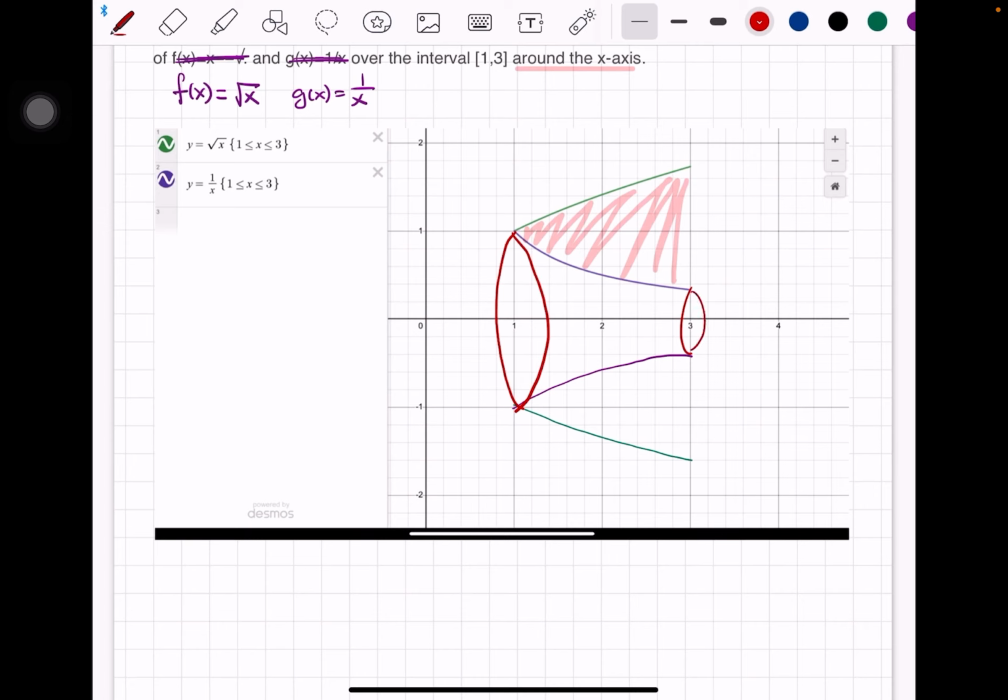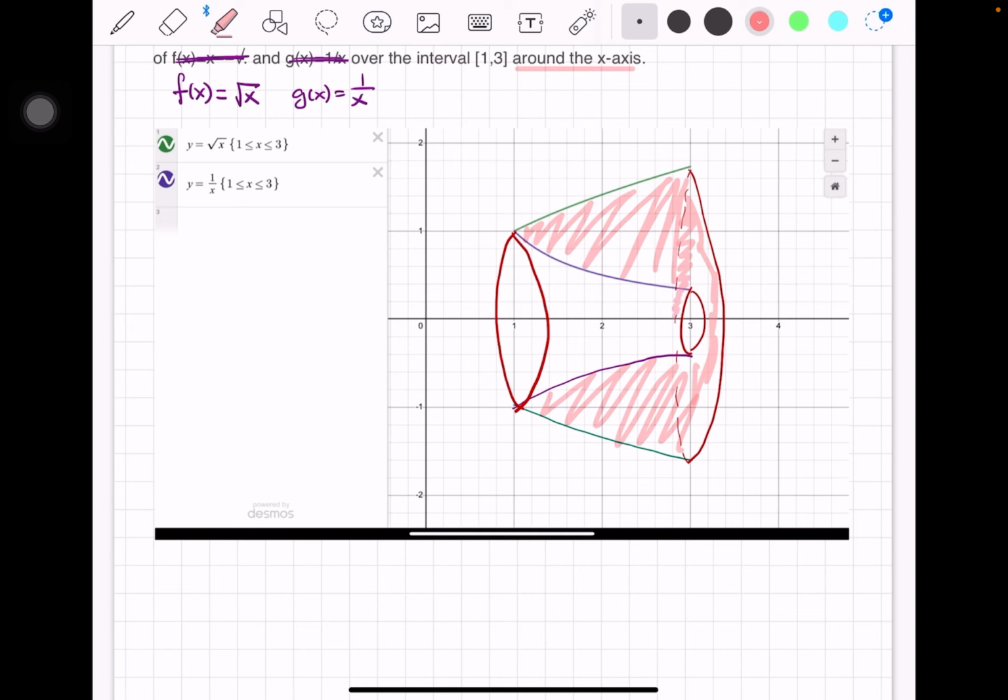And after rotation, this is the three-dimensional shape we got. And one thing you notice after graphing the three-dimensional shape is that the inside portion is hollow. It is completely empty. It is not a solid disk.